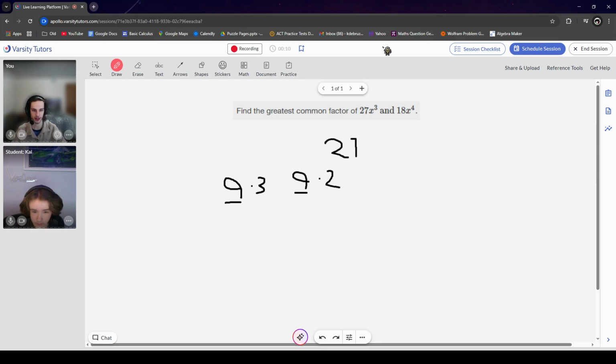Very good. Yep, so we have the x's in common and we have the 9's in common. So how would we write that factored out? With the 9 being in front, like that.